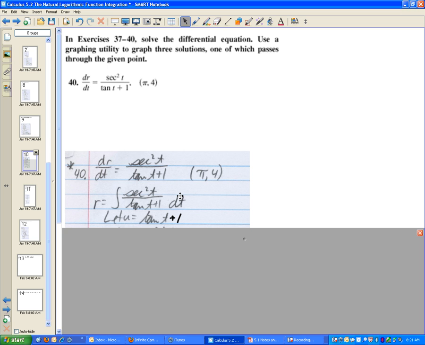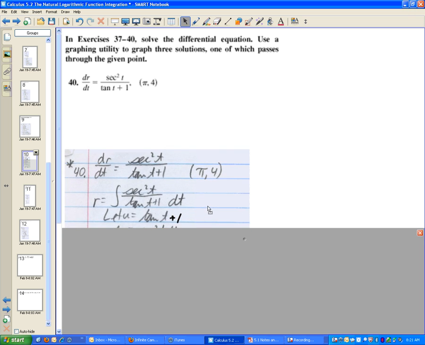All right, here's why this works. You have to know your trig derivatives and integrals well enough to see what the derivative of the tangent of t is. It's secant squared of t, okay?